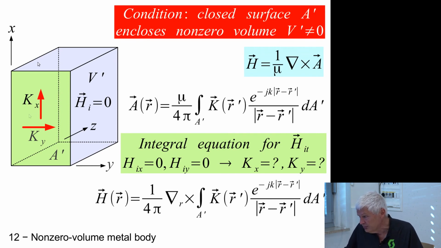There could not be any field inside. And on the surface, these currents flowing on the surface of this metal box actually represent the jump of the magnetic field to the outside.